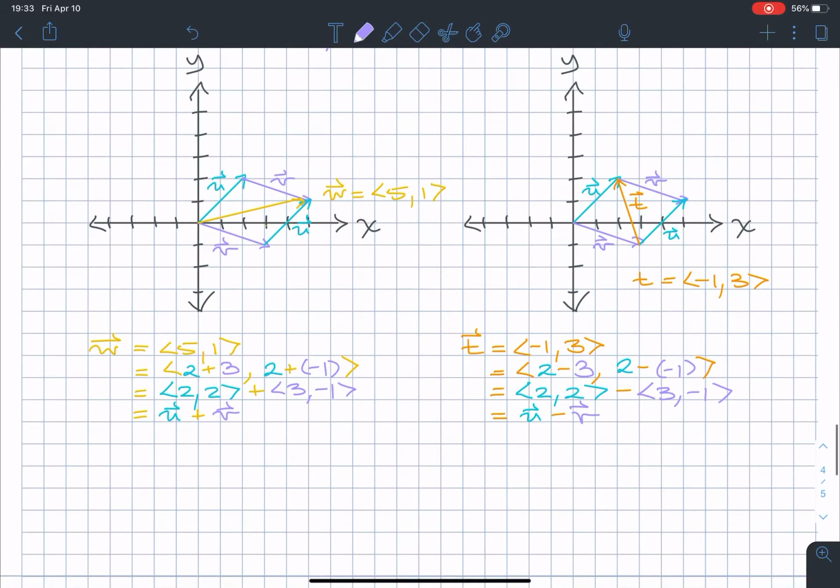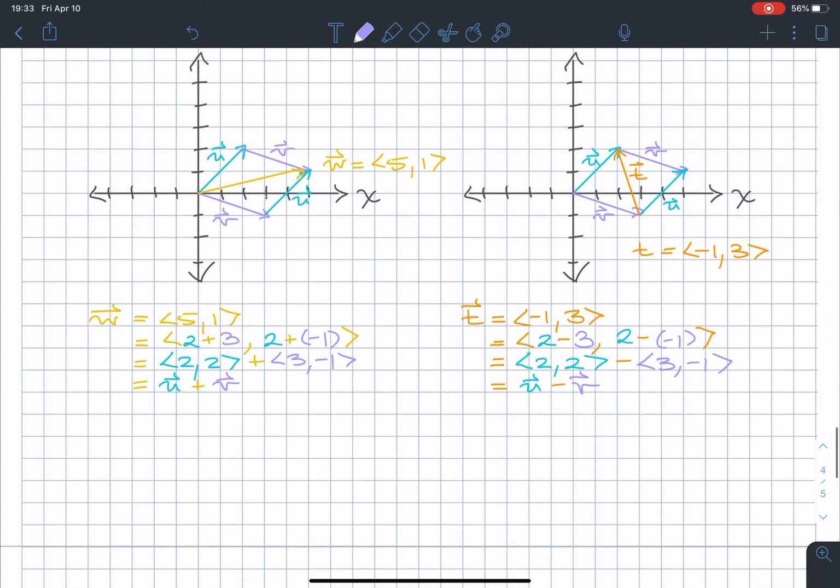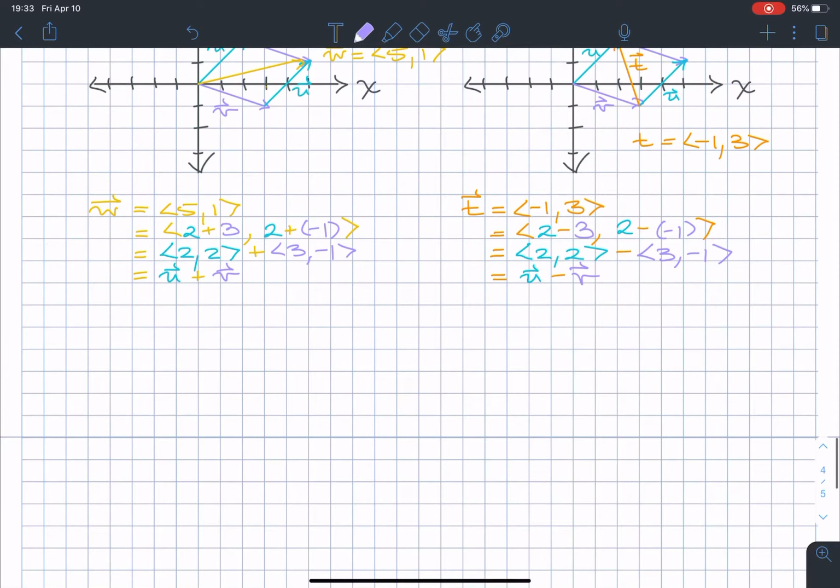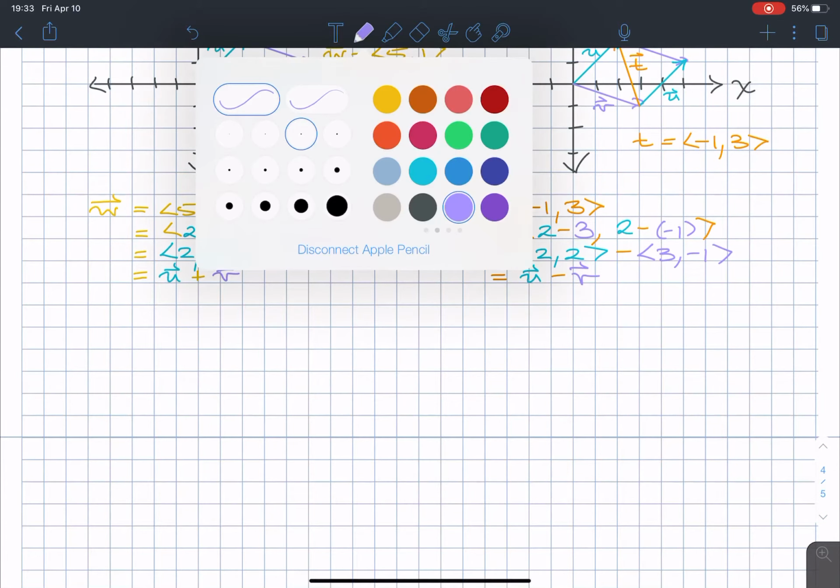Okay, so how is this any different from what I've done? So this is called the parallelogram method of vector addition.